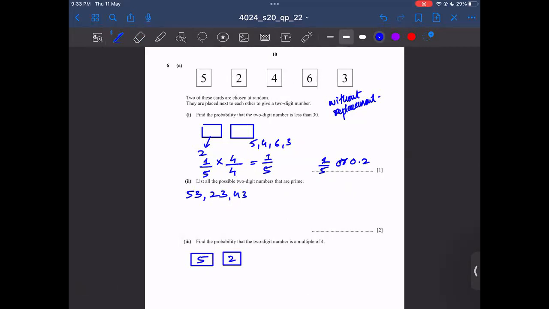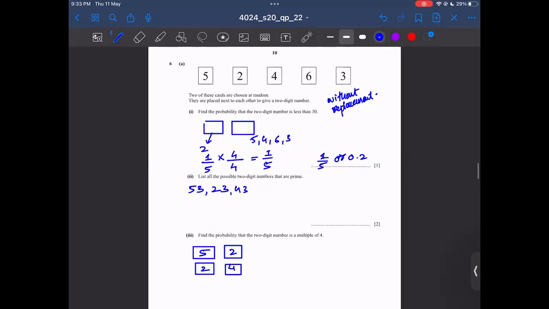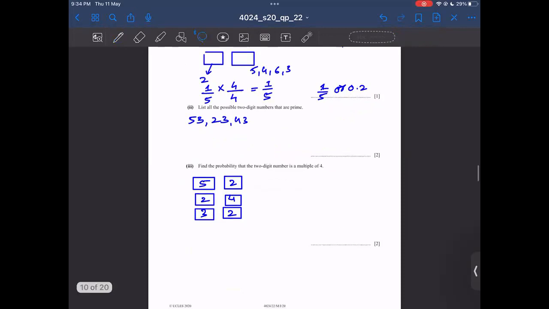We can have 24 as a multiple of 4. Right? We can have 32 as a multiple of 4. Is there any other outcome that you feel like is a multiple of 4 here? We can have a few more from the 5.